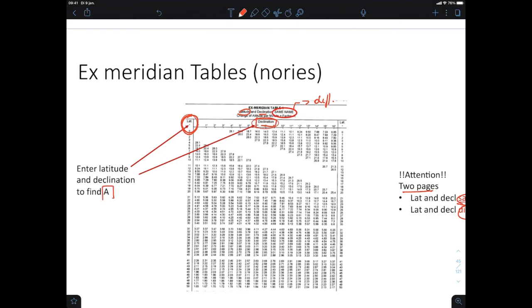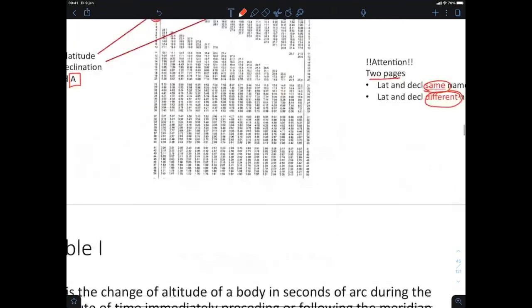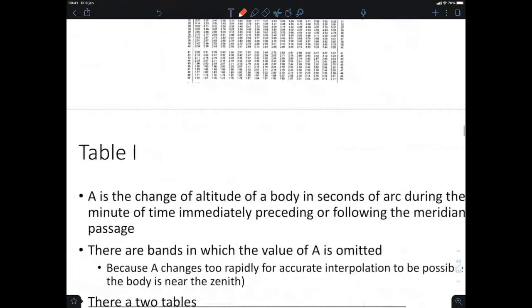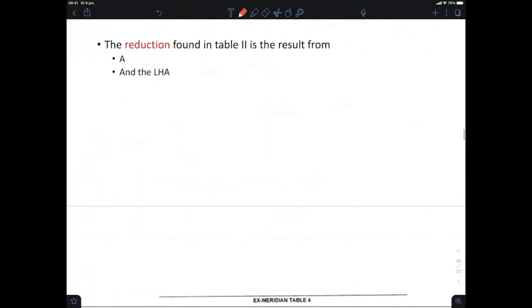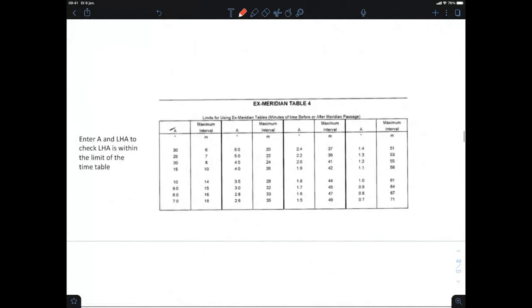And then with this value, what should you do? You should go to table 4, and there you check if you are within the limits for using the X-Meridian method, so if you are within the minutes of time allowed before or after meridian passage.